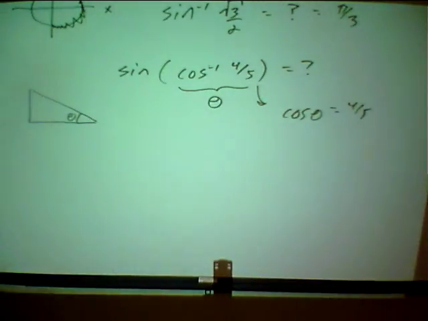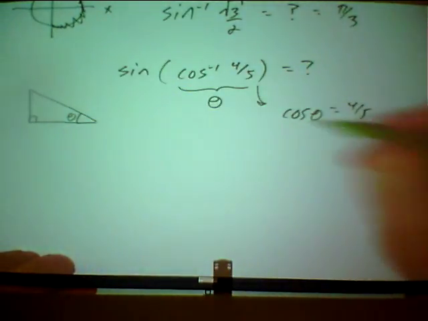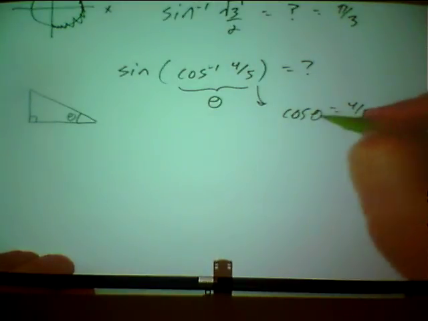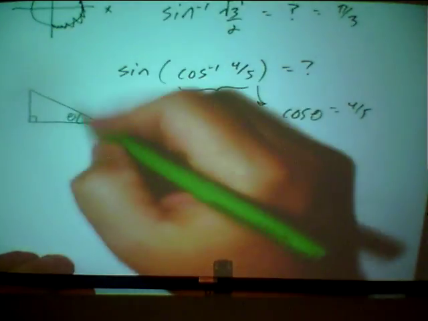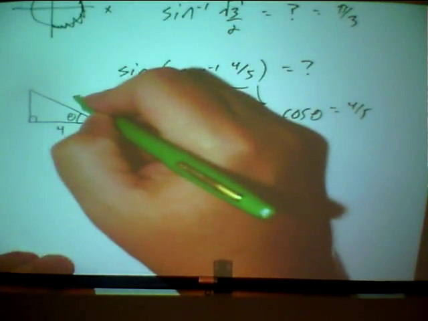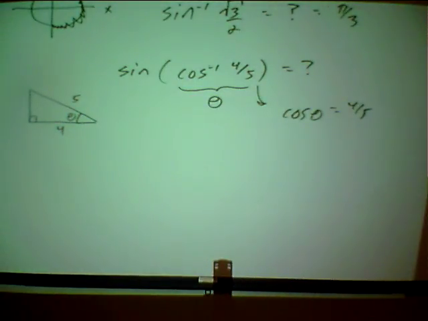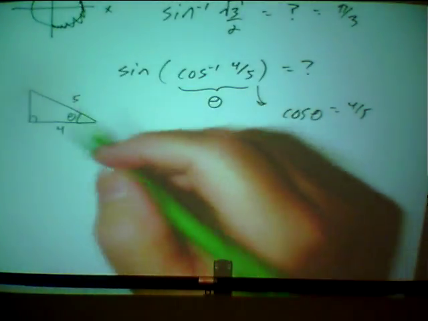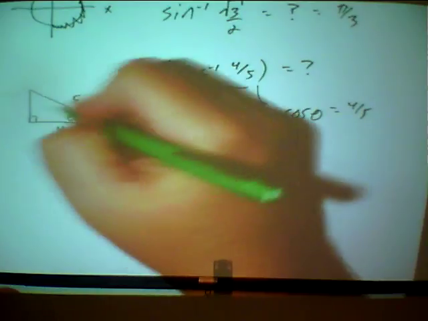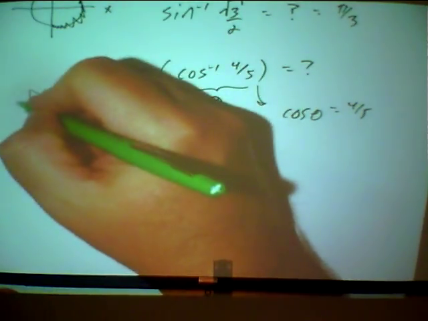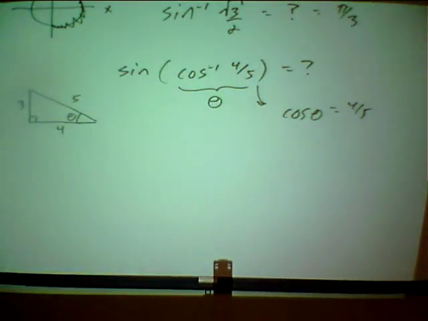Cosine is adjacent over hypotenuse. Now if I complete this right triangle, this is a 3, 4, 5, so I know right away that this other side is a 3.